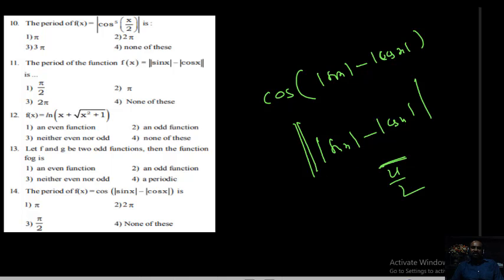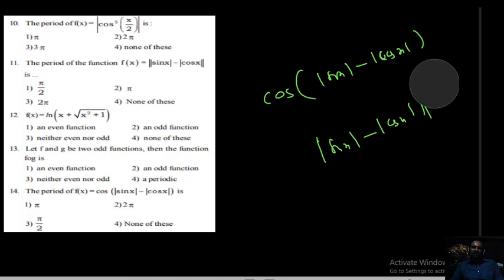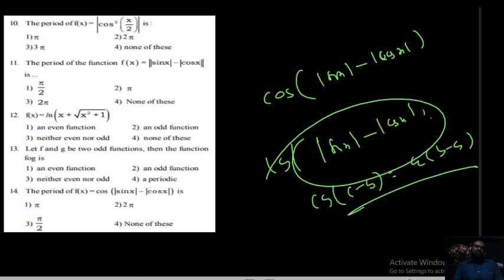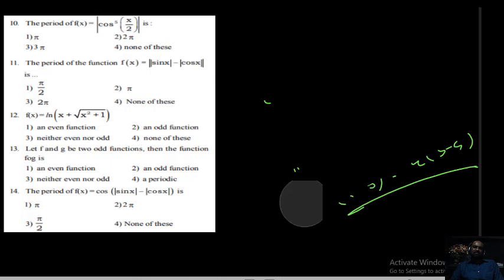Indirectly another mod is there, because cos of minus theta equals cos theta only. Already we did one problem with modulus. Indirectly modulus is given, indirectly cos. Because what is the meaning of that? Cos of a minus b, I can say cos of b minus a only, both are same. That's why what is the period of this function? Pi by 2. Okay?